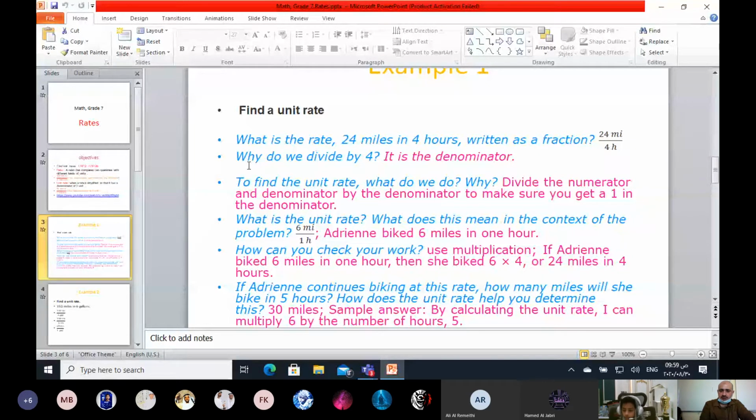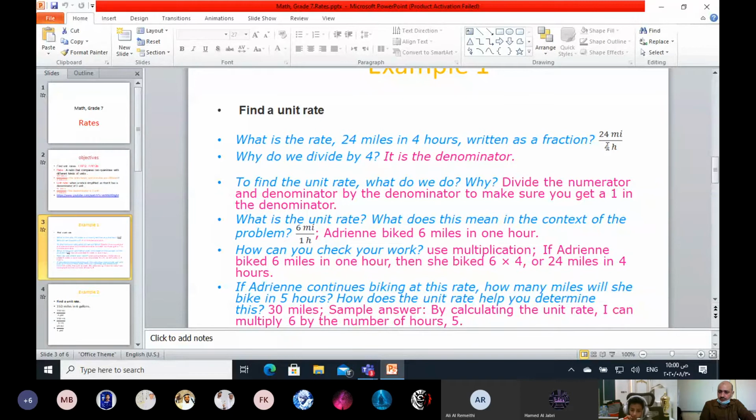Now, why do we divide by 4? It is the denominator. How to convert from rate to the unit rate? There must be a 1 in the denominator.